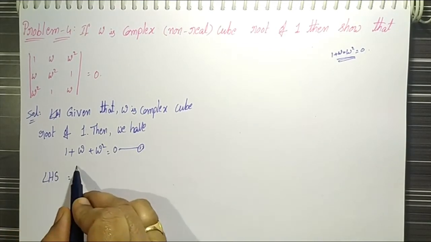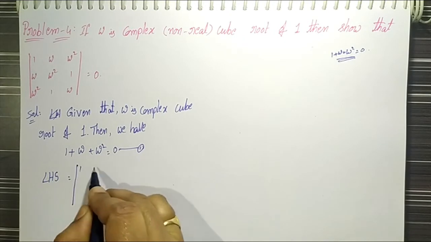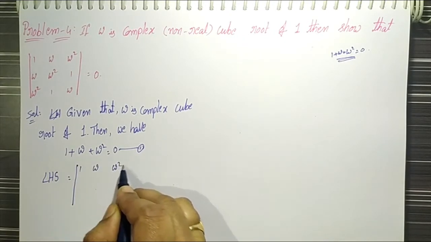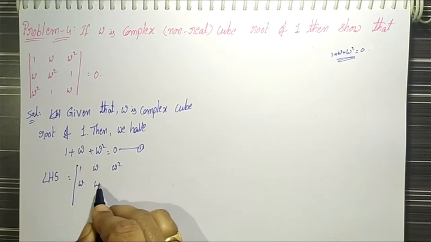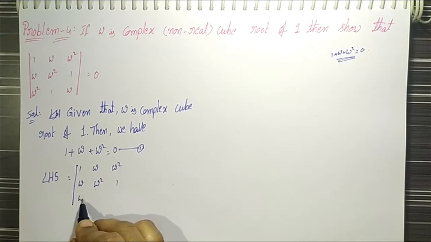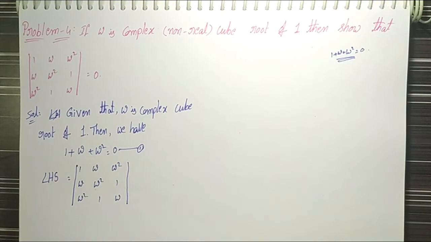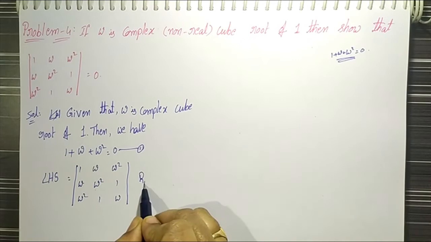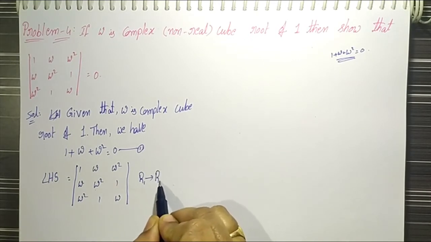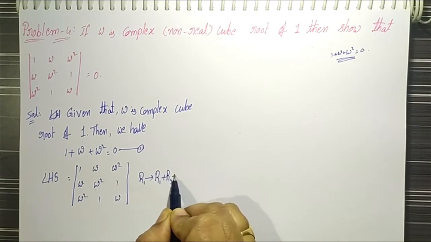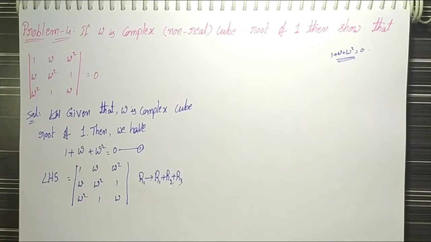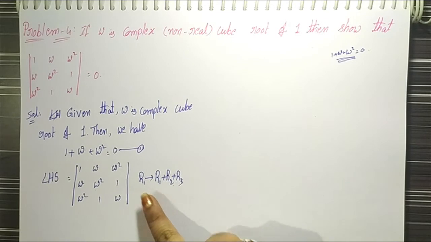LHS equals the determinant of 1, omega, omega square; omega square, 1, omega; omega square, 1, omega. Here we have to use one operation: R1 goes to R1 plus R2 plus R3.